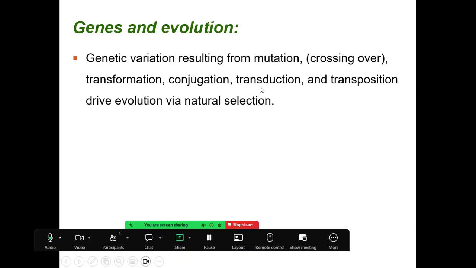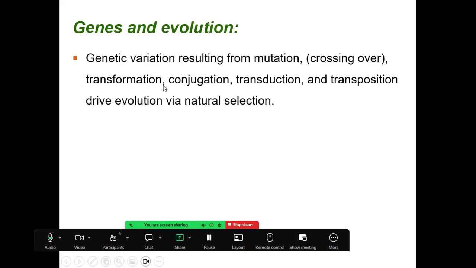Transformation, conjugation, and transduction can then spread genetic variation in the population, taking DNA out of one cell and moving it into a recombinant cell, another cell. Transposition increases the frequency of genetic shuffling, sort of like crossing over, simply because it can allow the DNA to move from mainly the chromosome into a plasmid as well as elsewhere in the population.